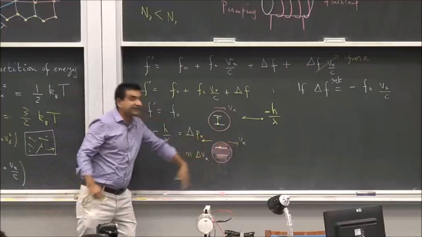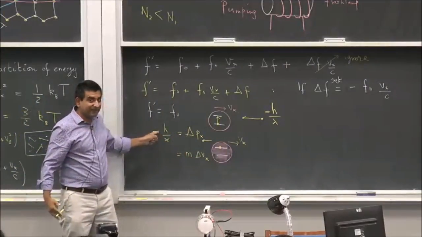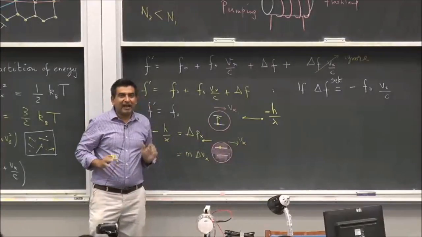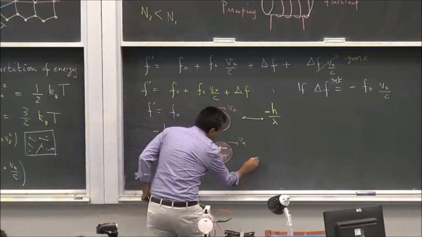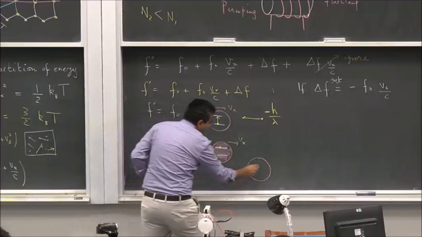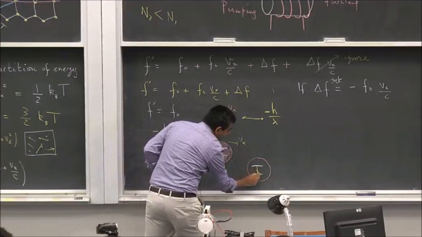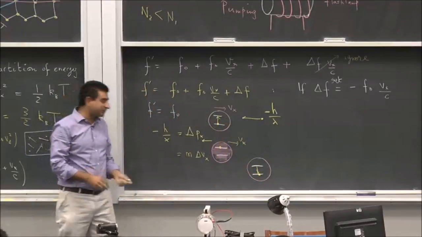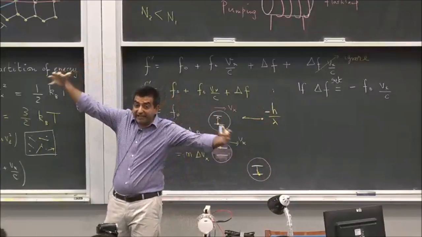Vx gets a new speed, Vx plus delta Vx, and its speed goes down. Now you have the atom already in the excited state. This atom must decay. The excited electron must come back to its ground state, and when it does, it emits a photon by spontaneous emission.